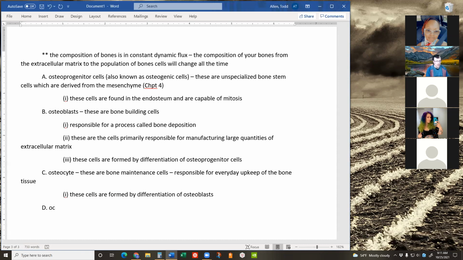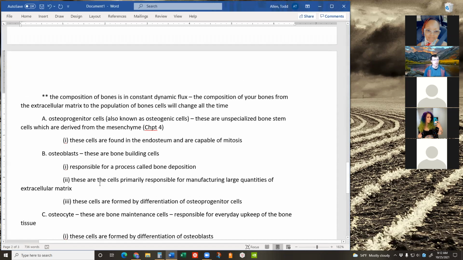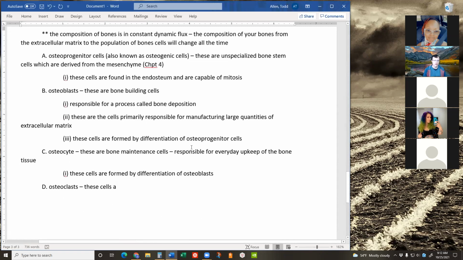Okay, osteoclasts. These cells are bone resorption cells.